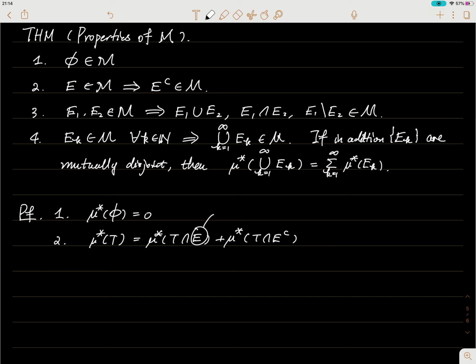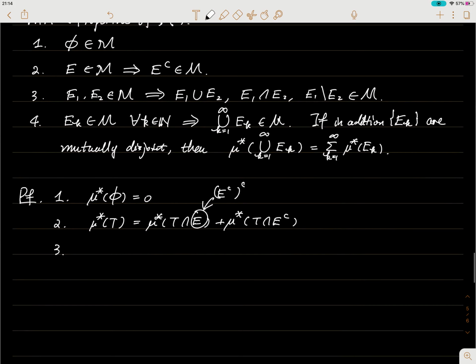But this term here is nothing but the complement of the complement. So in this sense, we can see that the outer measure of T can always be written as the outer measure of the intersection of T and the E complement plus the outer measure of the intersection of T and the complement of E complement, right? So in this case, you can see that the E complement is also measurable. Okay, so this is easy to show.